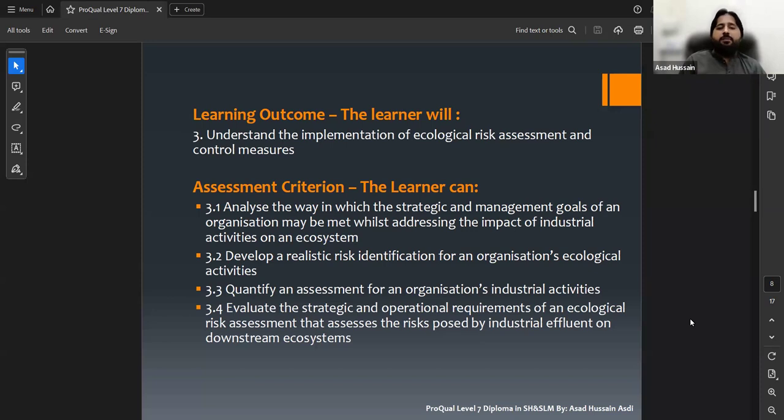So here the evidence will be something coming from the top management, something coming from the strategic management, showing how they are considering ecological risk assessment, how they are considering the ecosystems, and what arrangement they have made through, you can say, strategic plans and operational plans.